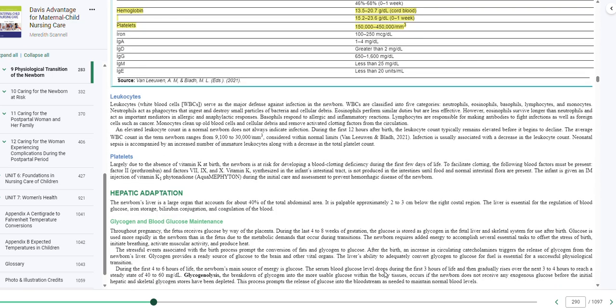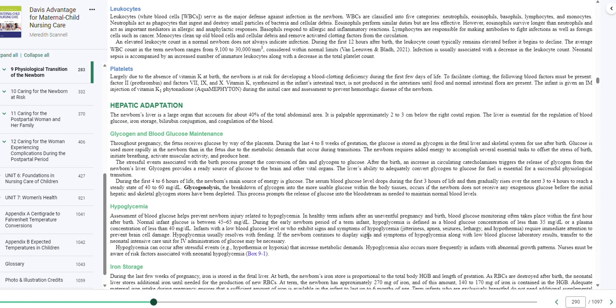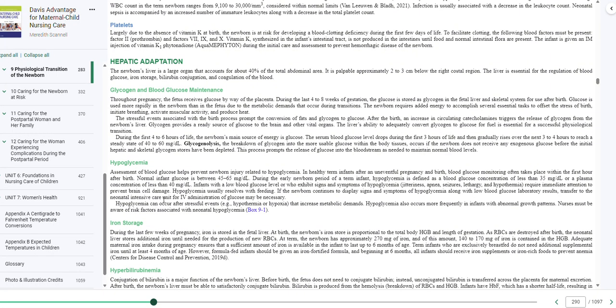This is talking about hepatic adaptation, so the liver, how the liver adapts, okay, and how glycogen and glucose are stored. I want you to look at hypoglycemia, okay? So this is another wink and a lollipop.